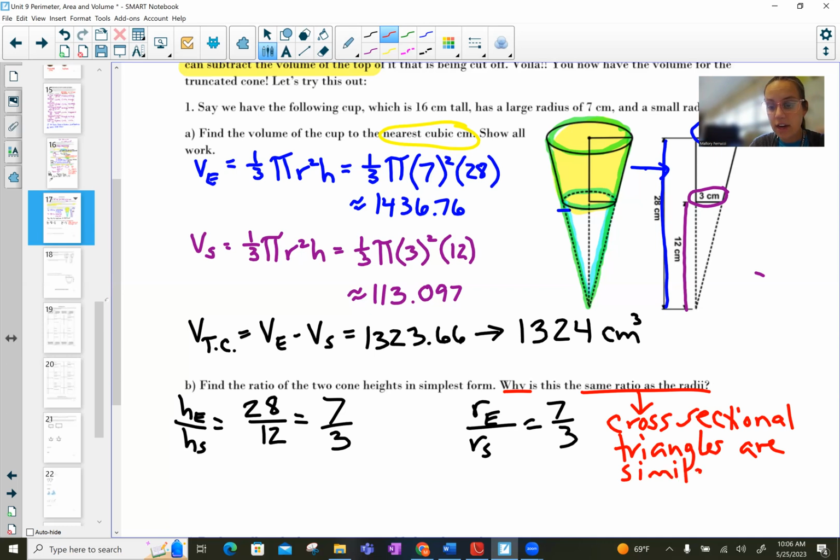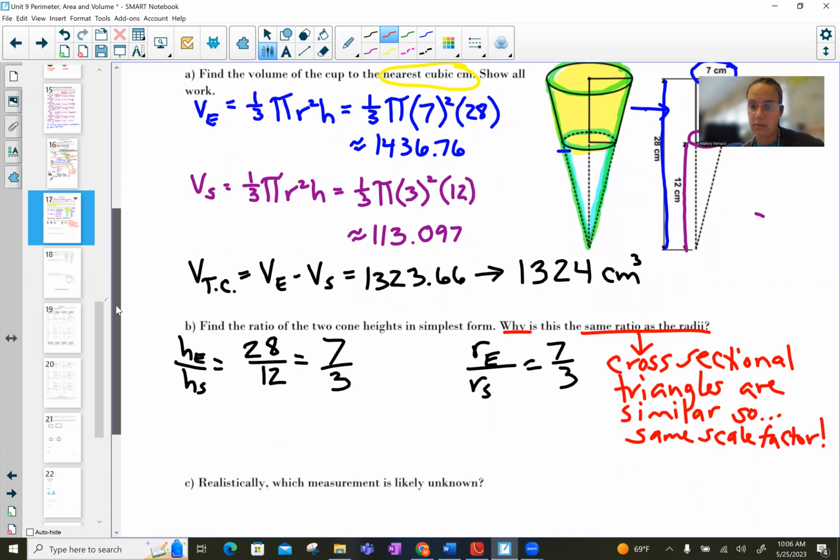If they're similar, they're dilations of each other, so they have the same scale factor. That means we're always multiplying the ratio by 4 to get to the heights. So the scale factor would have been 4 to get from the smaller one to the big one.